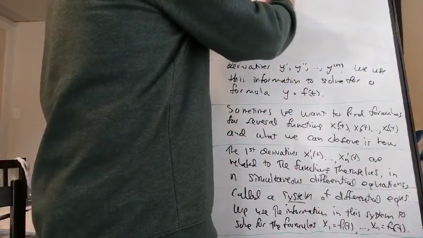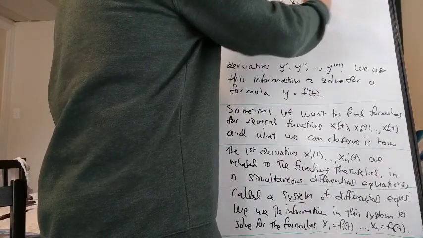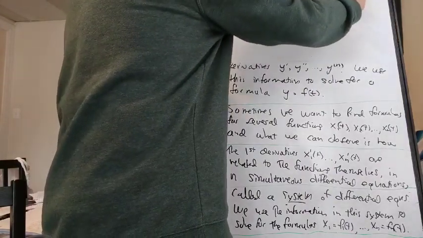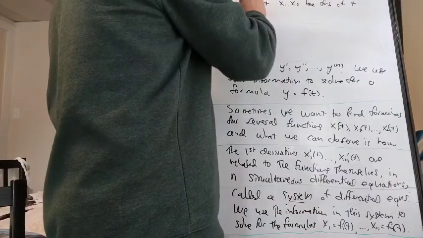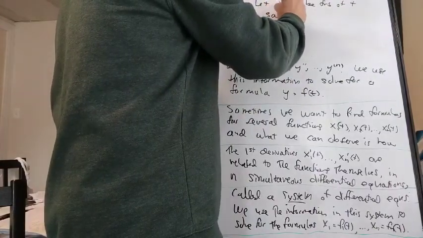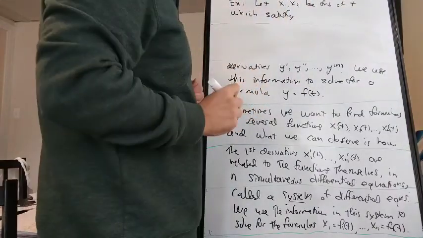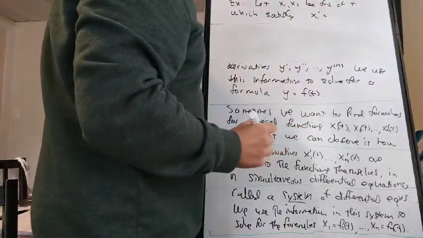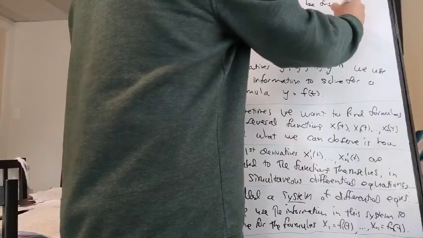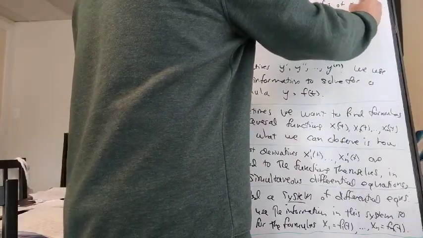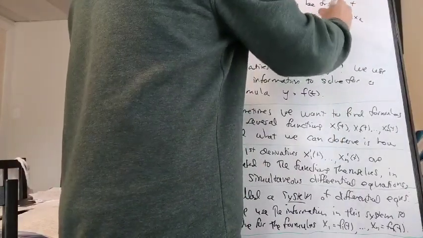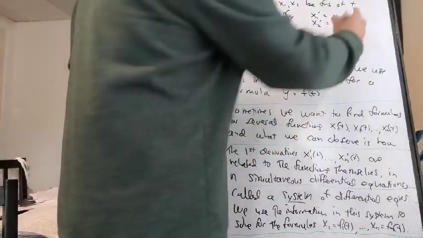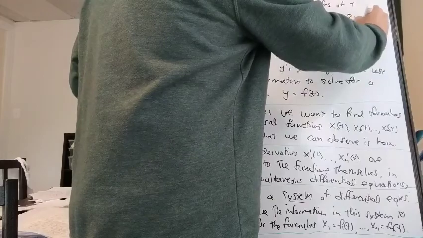For example, let's let x1 and x2 be functions of t which satisfy x1 prime equals x1 plus 2x2, and x2 prime equals 2x1 minus 2x2.